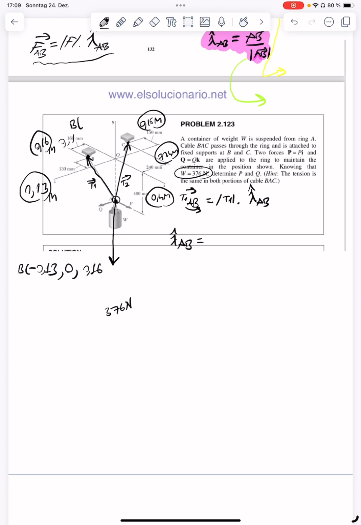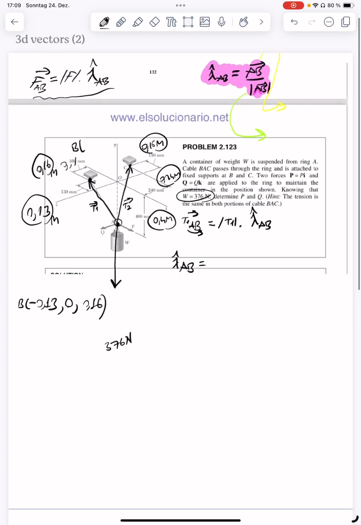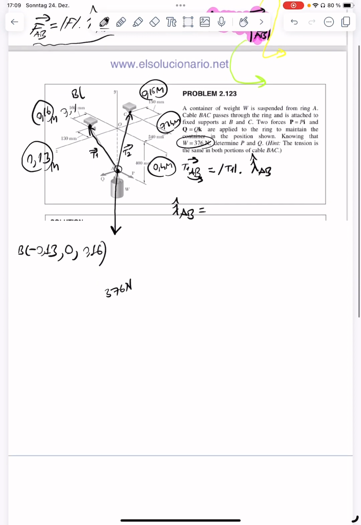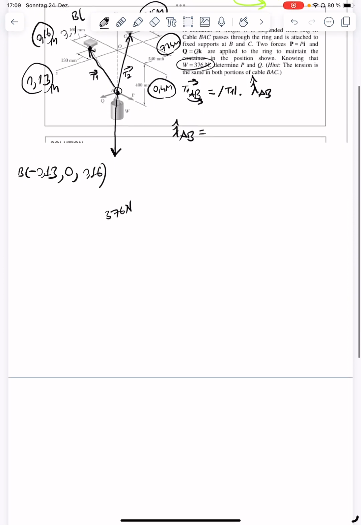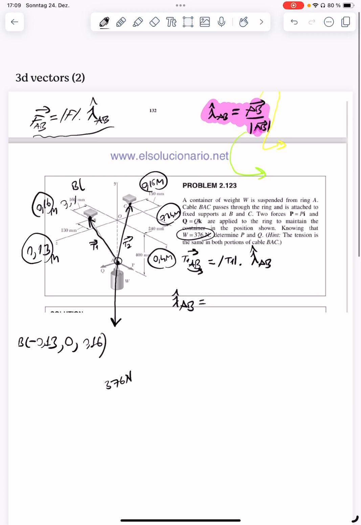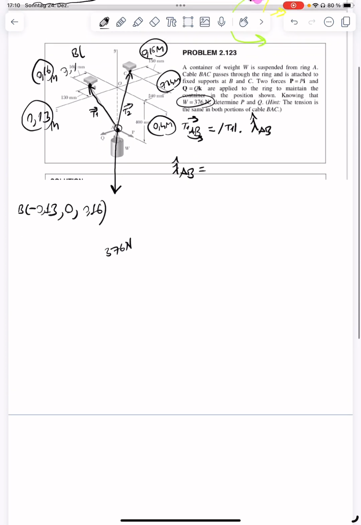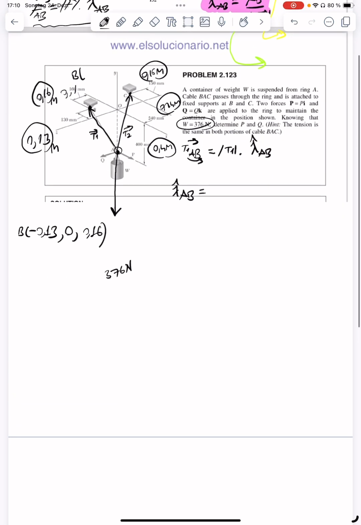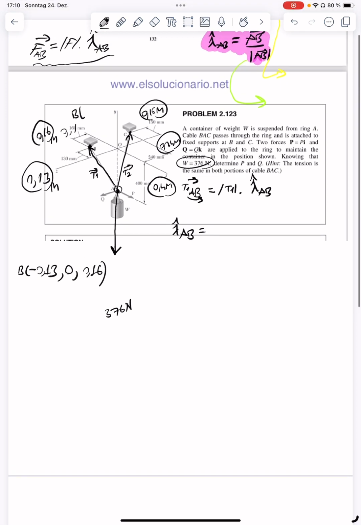We can determine the sign: it is the z direction, so we don't need a minus. We can determine B. It isn't so hard, but when I narrate it, it is somewhat hard.